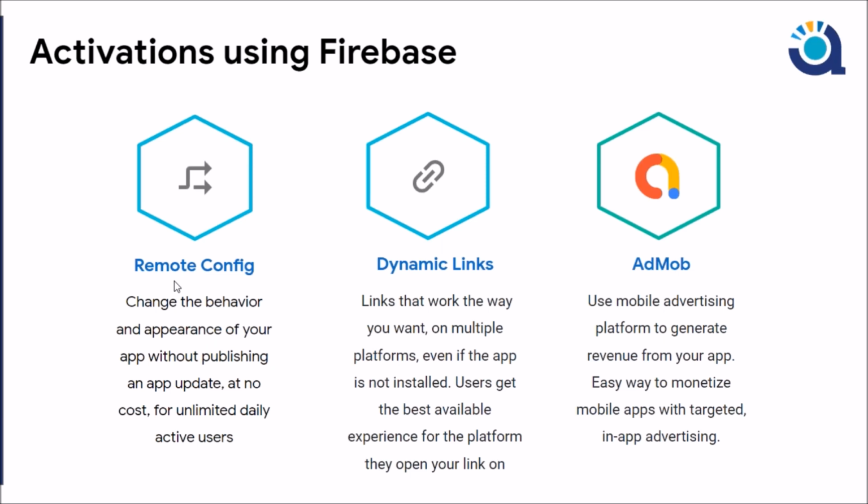Moving on to the last activation that is offered within the Firebase console, which is Admob. Using a mobile advertising platform, apps can generate revenue very easily and monetize these mobile apps by targeting in-app advertising.